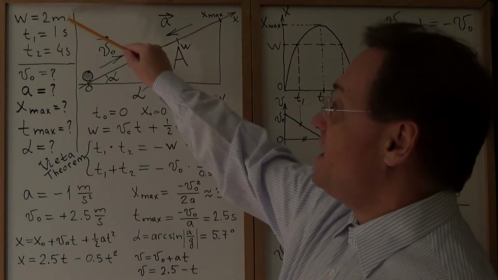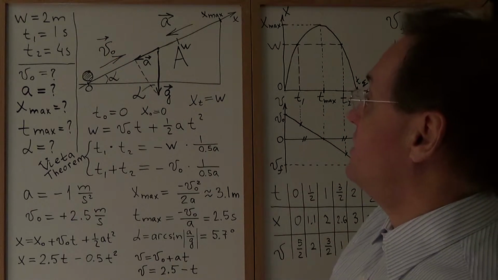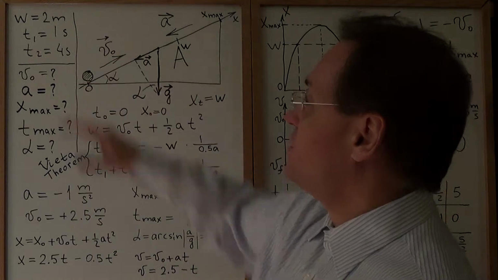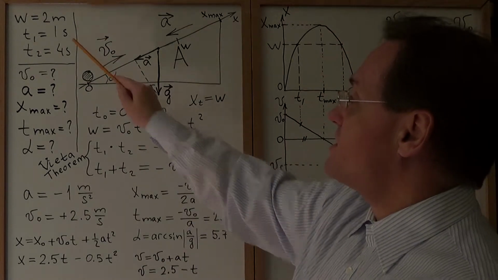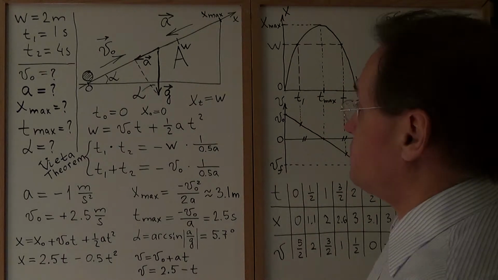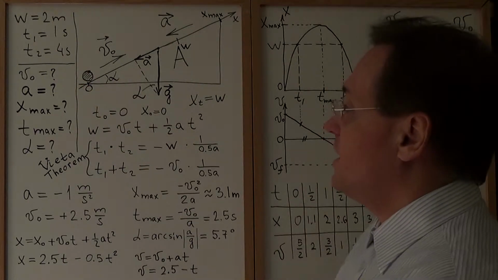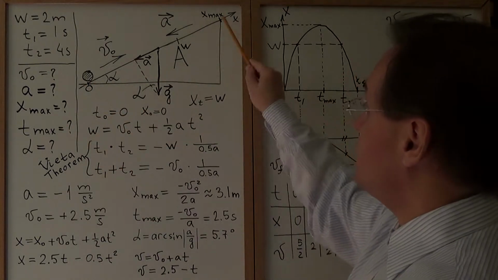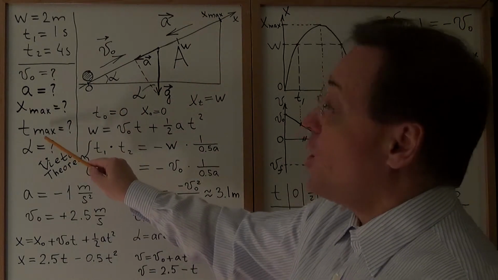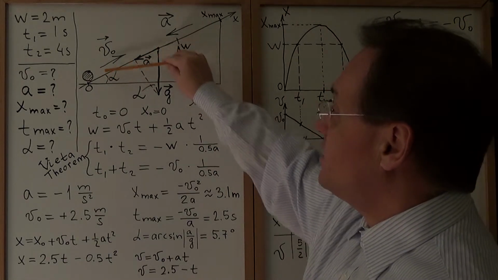So these three parameters are given: the distance OA, 2 meters, time 1 second, time 4 seconds. What we have to find is initial velocity, acceleration, maximum displacement, time of maximum displacement, and the angle of inclination.